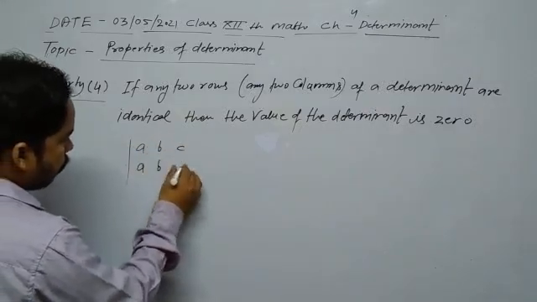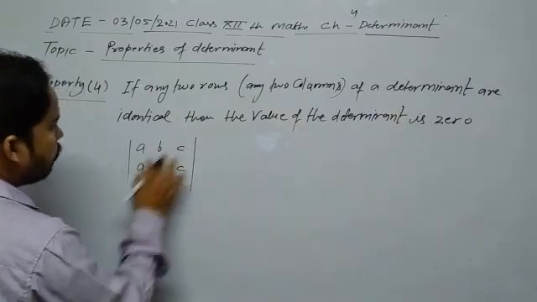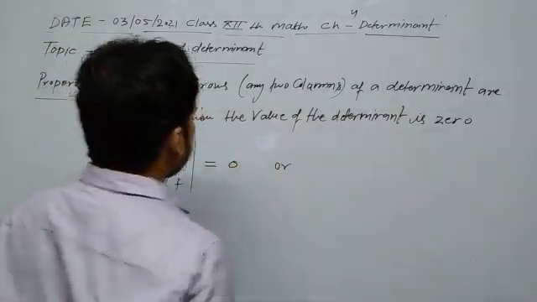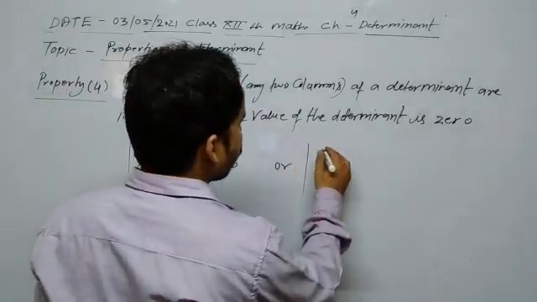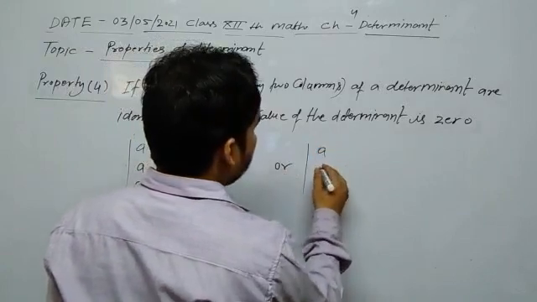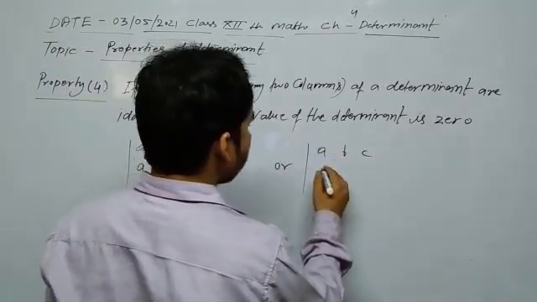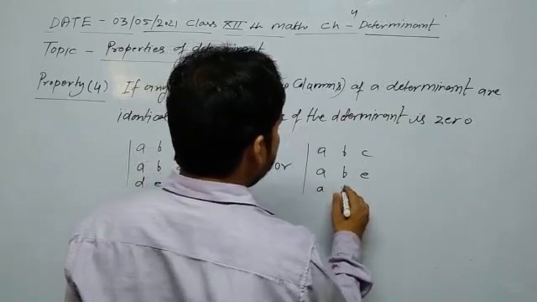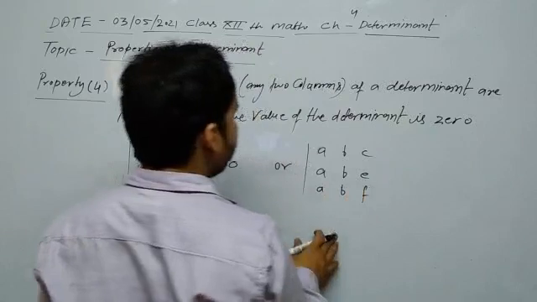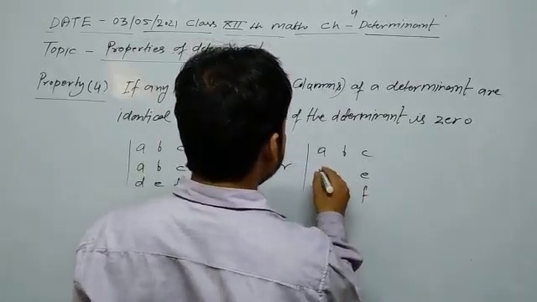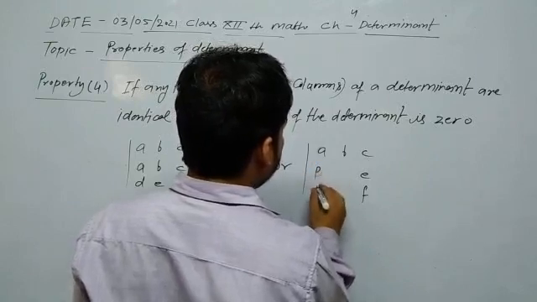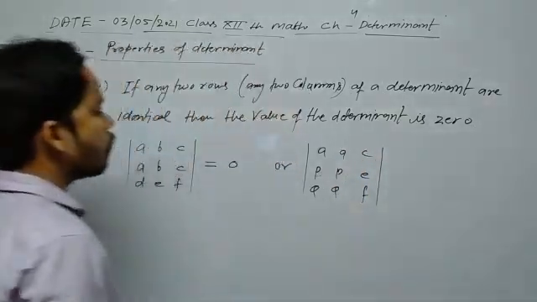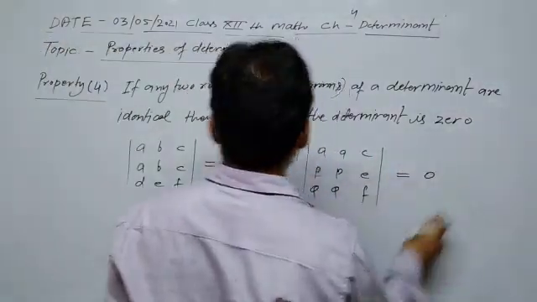A B C, D E F is equal to 0, or A B C, A B E and A B F. Suppose this is P Q and this is A P Q is equal to 0.